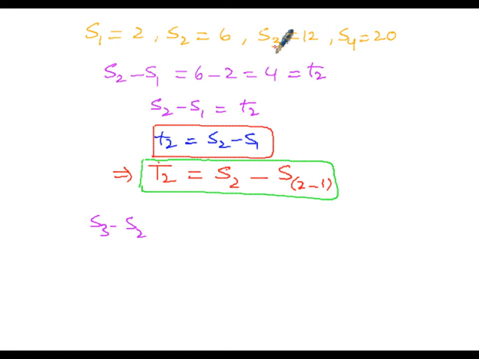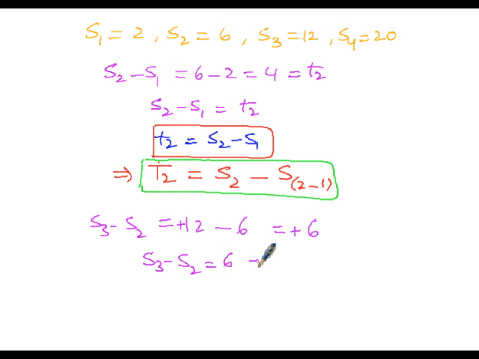Then S3 minus S2 equals S3, which is 12, minus S2, the sum of two terms, which is 6. Here 6 is negative and 12 is positive. Let us subtract: 12 minus 6 is 6. Since 12 is greater than 6, the sign is positive. So S3 minus S2 equals positive 6.